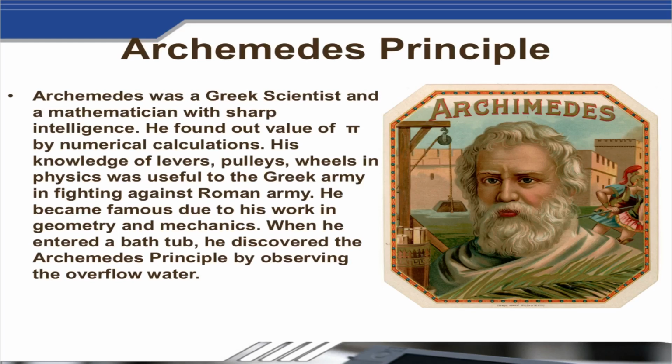His knowledge of levers, pulleys, and wheels in physics was useful to the Greek army in fighting against the Roman army. He became famous due to his work in geometry and mechanics. When he entered a bathtub, he discovered the Archimedes principle by observing the overflow of water.